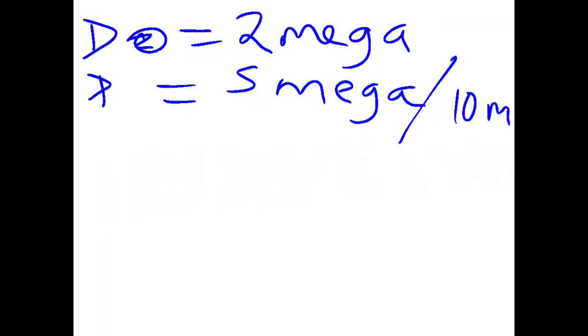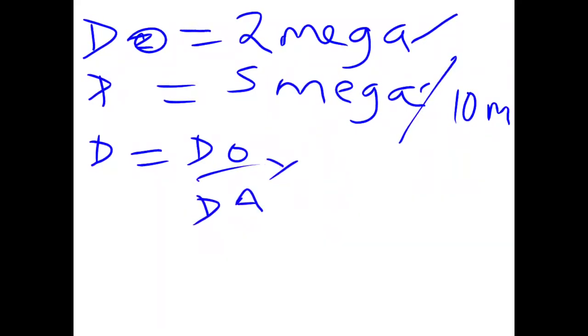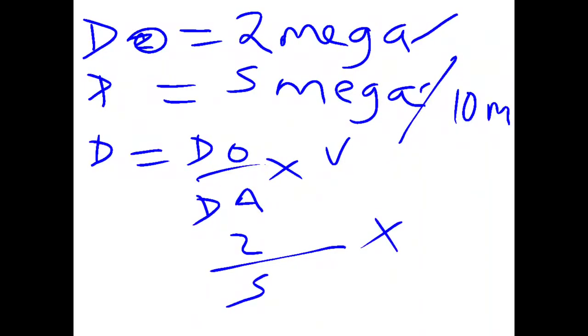Again, because the SI units are the same, you are going to say doctor's dosage equals doctor's order over drug available times the volume. So here, the doctor has ordered 2 mega, the presentation is 5 mega, and the volume is 10 mils.